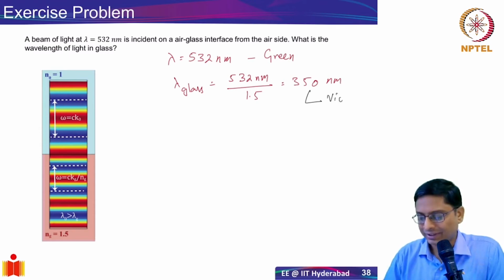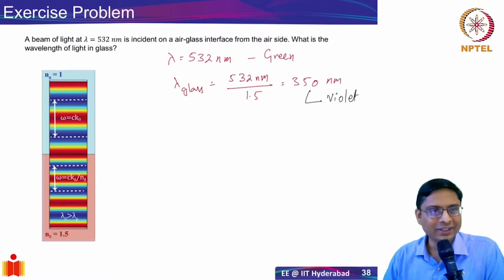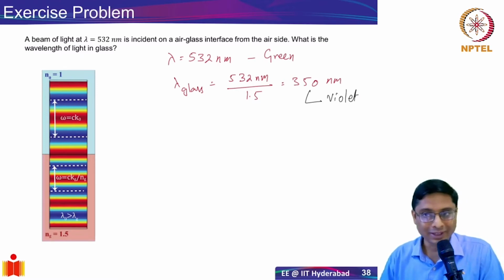Violet. So does green light, when it is incident on a medium, become violet light? Well, that is not true, because it also doesn't make sense.